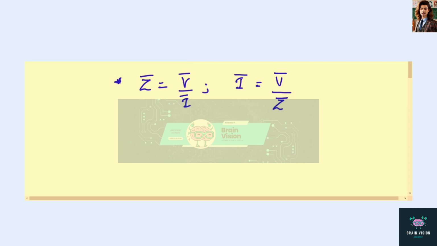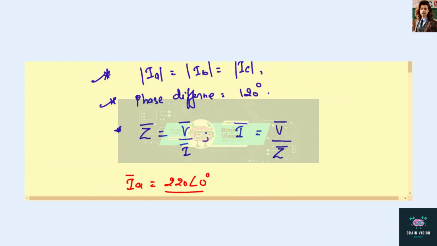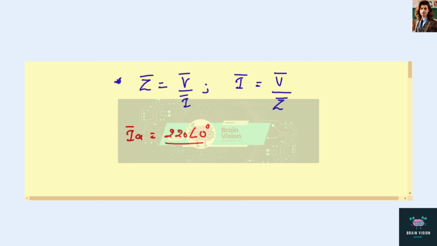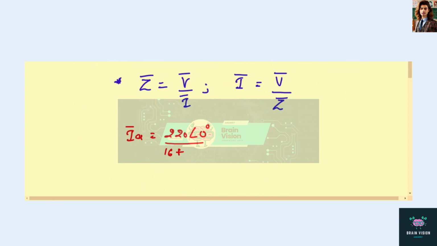Then put the values. The value of IA will become 220 angle 0 divided by the impedance, which is given in the question as 16 plus 9j. For simplicity, let's convert this into polar form.